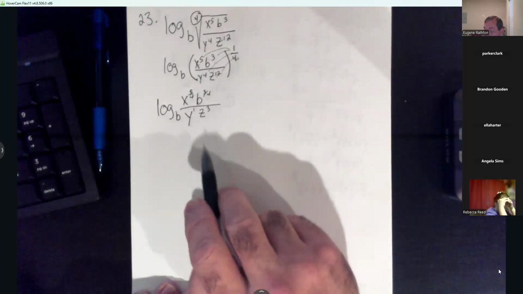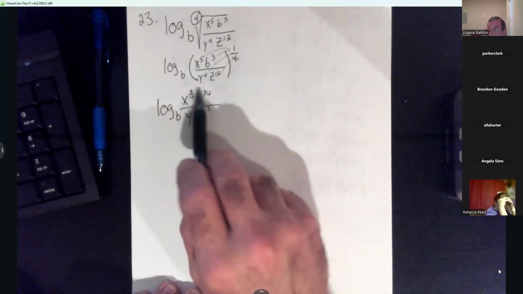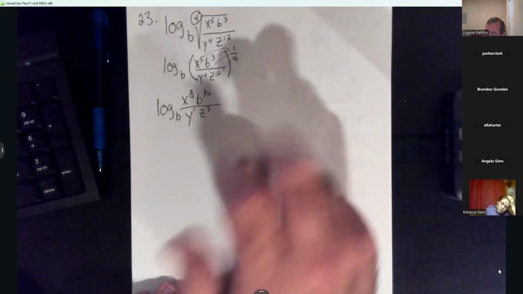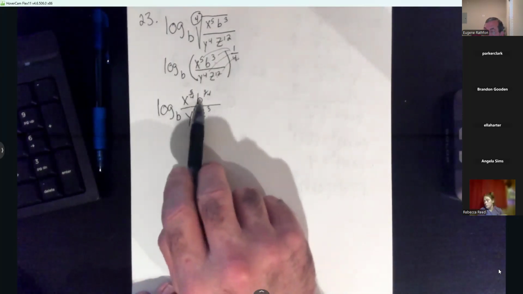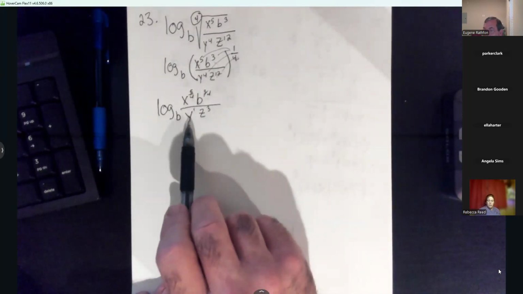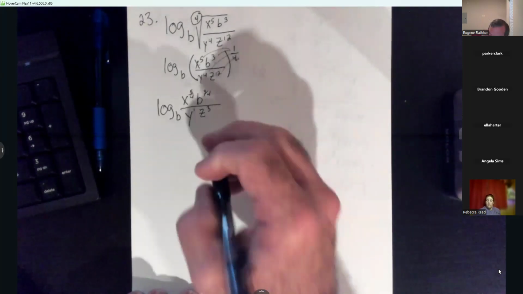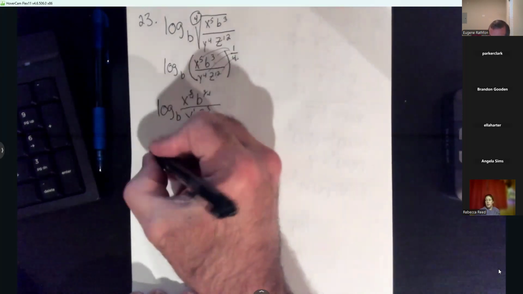All right, so y'all, all I've done so far was get rid of the radical and rewrite it. So now I'm going to do them as sums and differences. These two factors on top are positive. The two factors on bottom are subtracted. Distribute the log b to everybody.